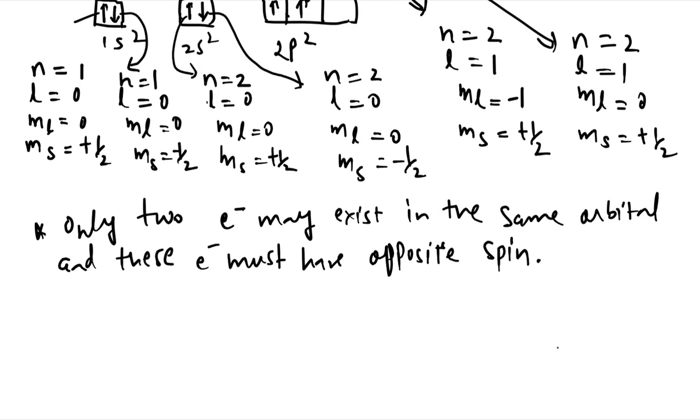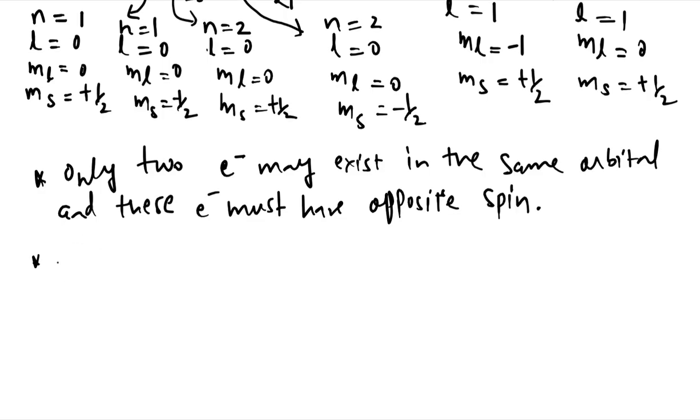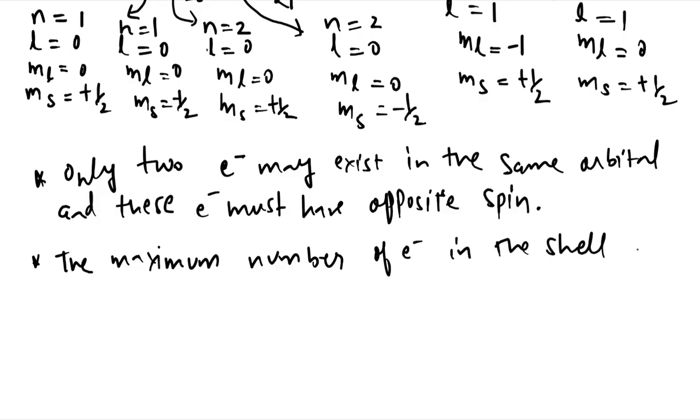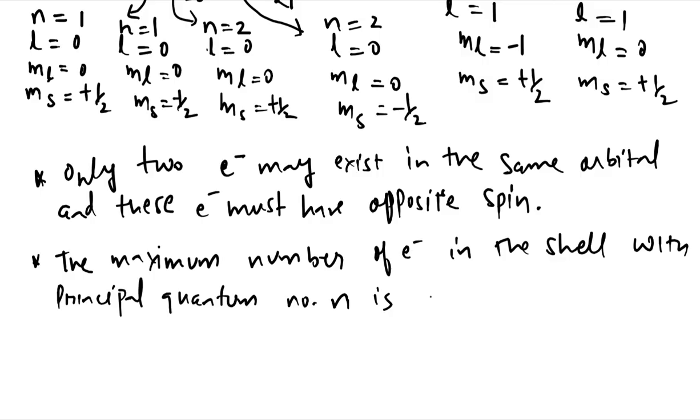Then we have one more statement, a kind of sub-statement of the Pauli exclusion principle, which says the maximum number of electrons in the shell with principal quantum number n is equal to 2n square.